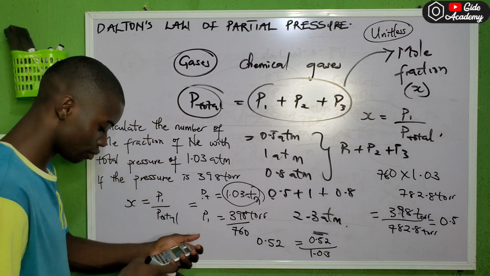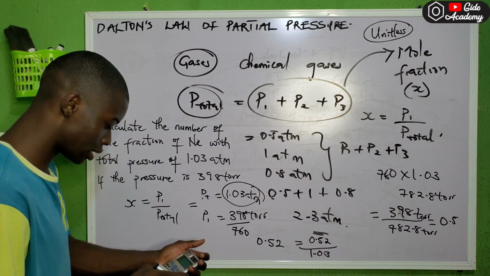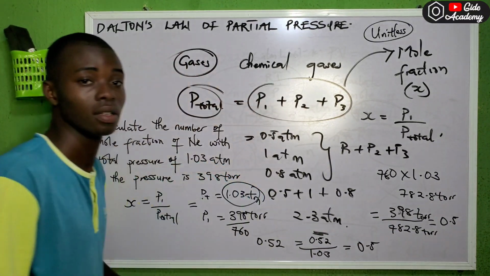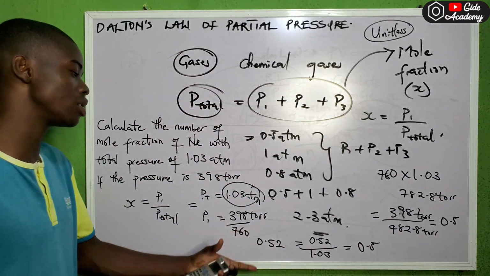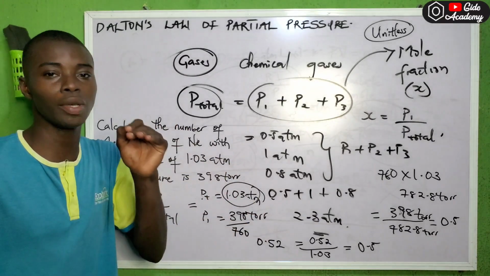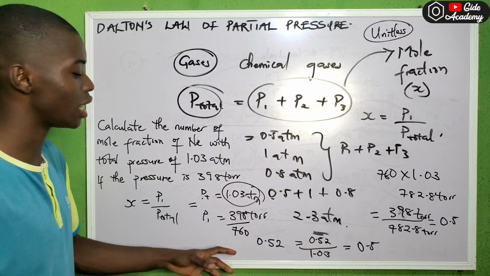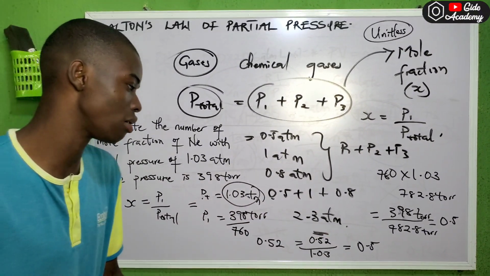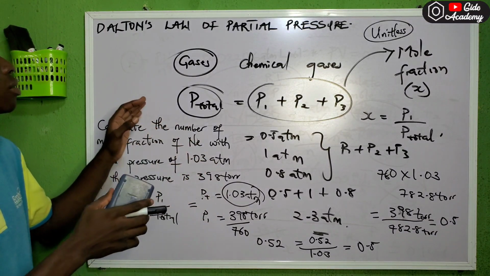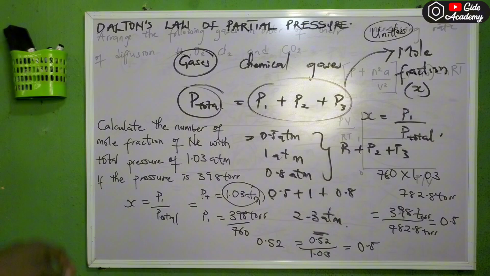Let me divide by 1.03. Our answer is also 0.5. So please, either you convert to torr or you convert to millimeters of mercury, but before you solve, make sure your two pressures are in the same unit, so that you can cancel out the two units, giving a unitless quantity. So that's just everything about Dalton's law of partial pressure.